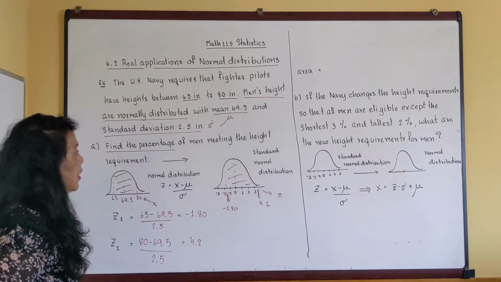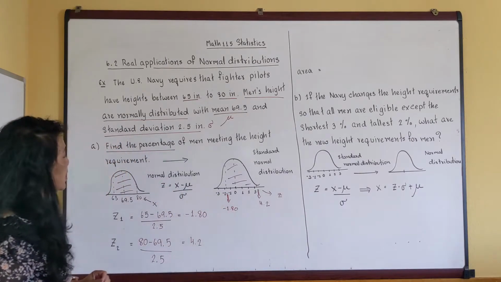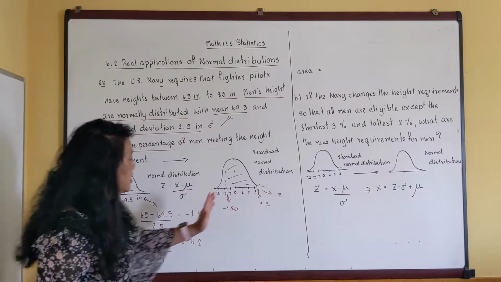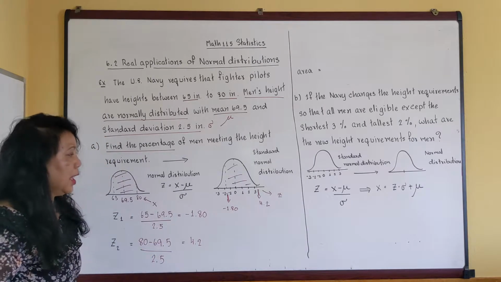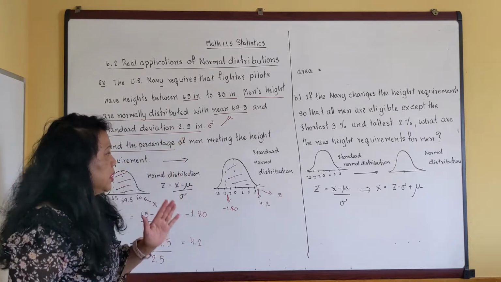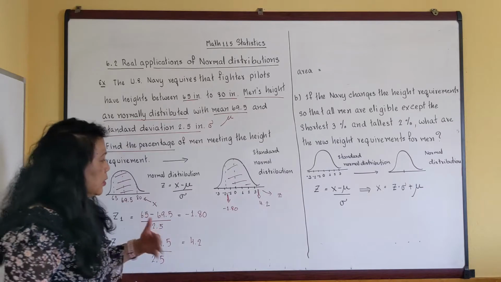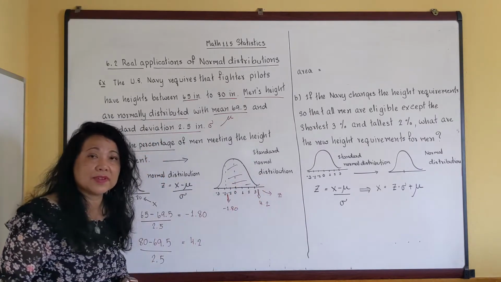So you need to find the area to the left of -1.8 and to the left of 4.2, and subtract the small one from the larger one. In table A2, the z-scores go up to 3.5, so 3.6 all the way to 4.2 will equal 3.5.